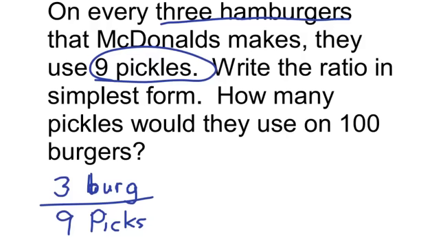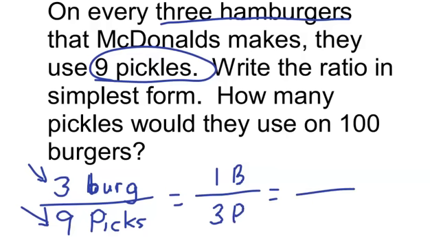Okay, so we want to get from 3 burgers to 100 burgers. And there's really no way to do that very easily, but we can probably scale down first. We know that 3 goes into 3 once. So for every 1 burger, 3 goes into 9 3 times. So there's 3 pickles. Now, since we have a unit rate, this is going to be real easy.